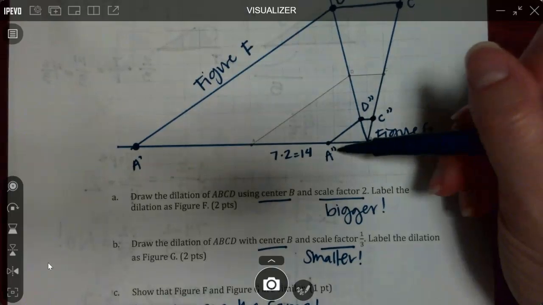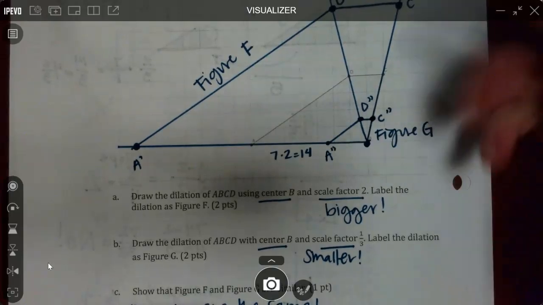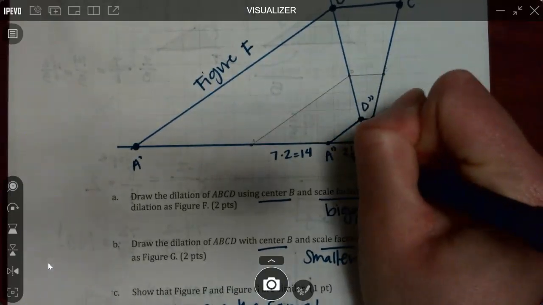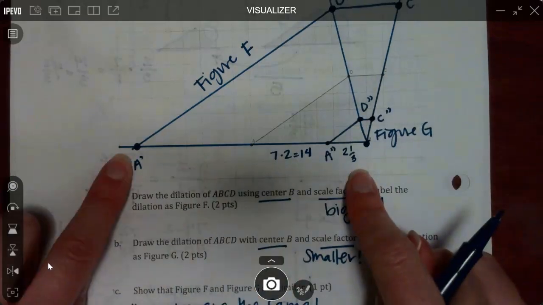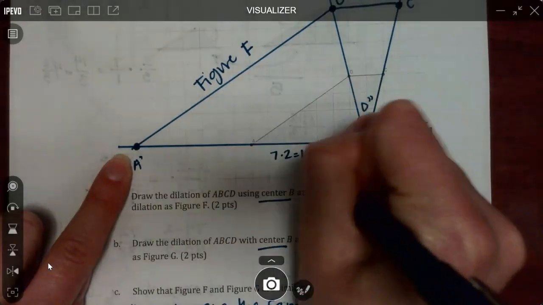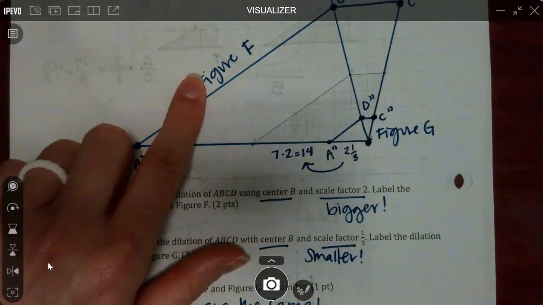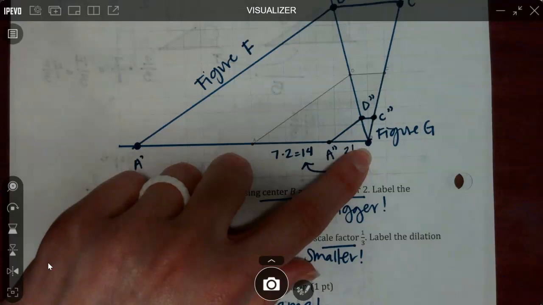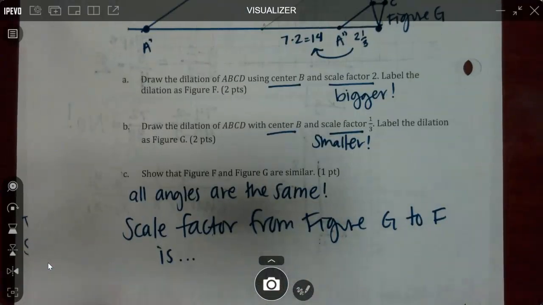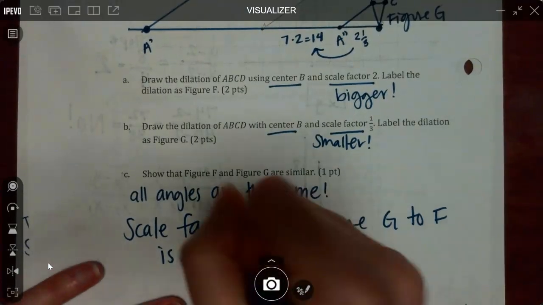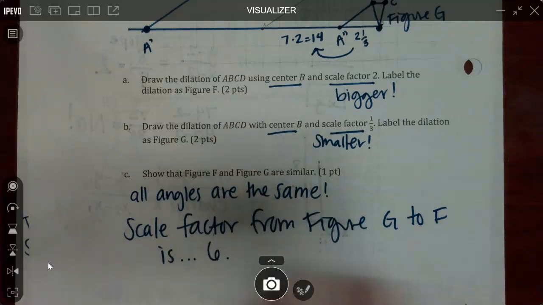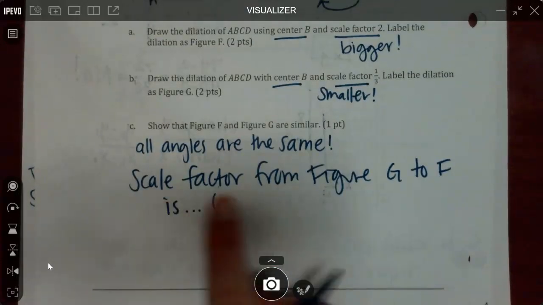Well, this side's probably going to be the easiest. I know that this is 2 1/3. I know that this one is 14, right here. And if I'm going from small to big, I can do 14 divided by 2 1/3. When I do that, I get about 6. That's all I needed. But you had to say something about a scale factor.